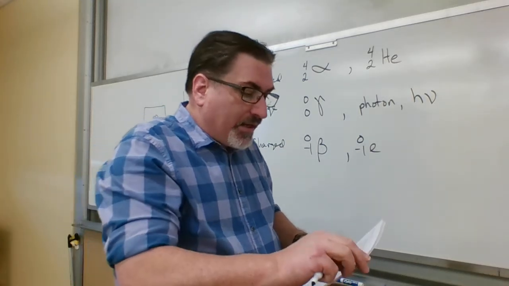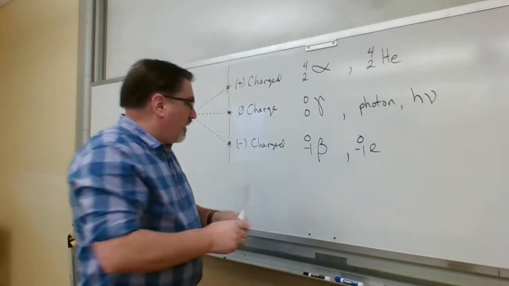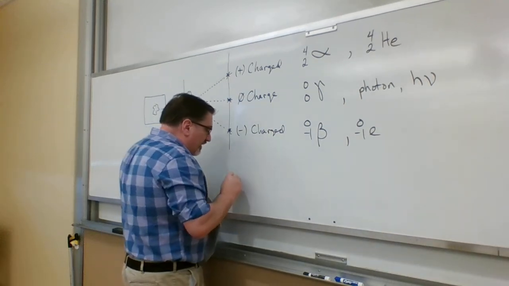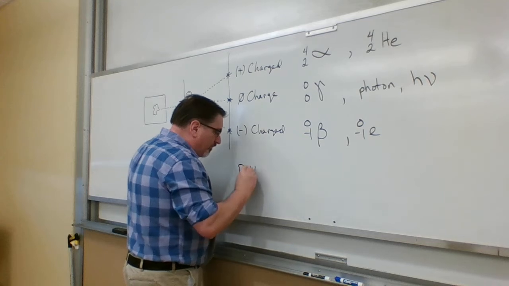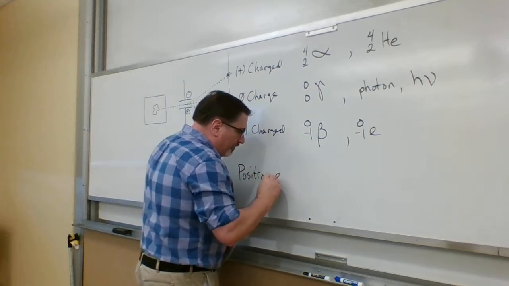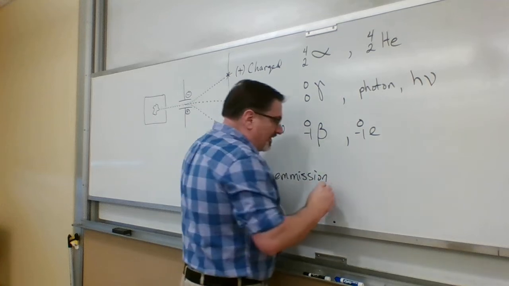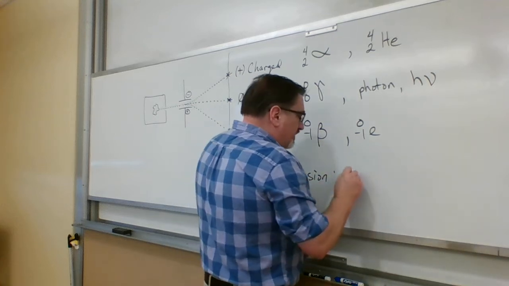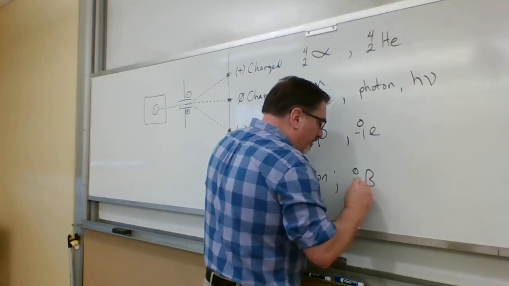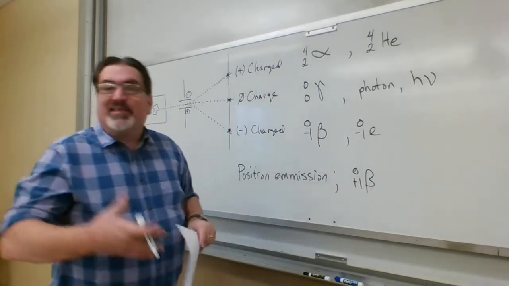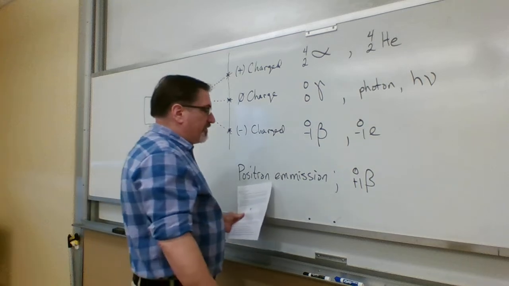Okay? So these are the three initial fundamental nuclear processes. Now when we come back on our next video, we're going to also look at positron emission. And that is when we release 0/+1 beta, a positron, a positively charged electron. It's like an electron, but has the opposite charge of the normal one.